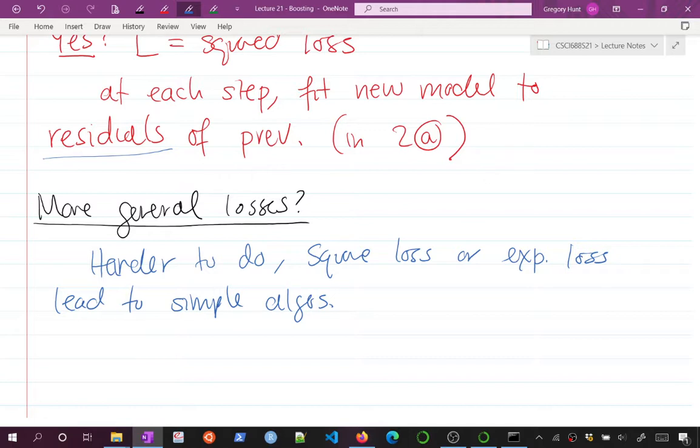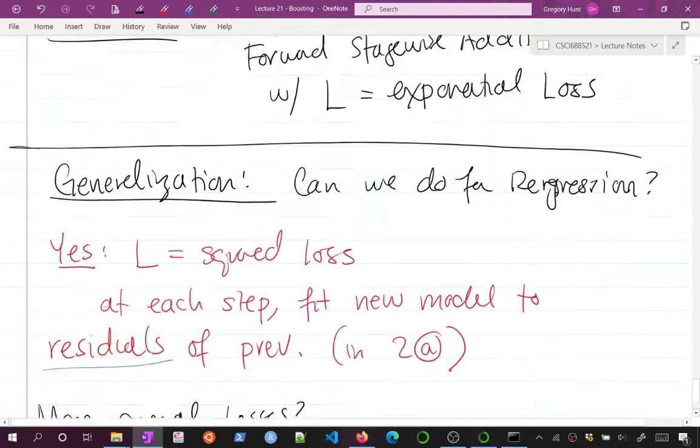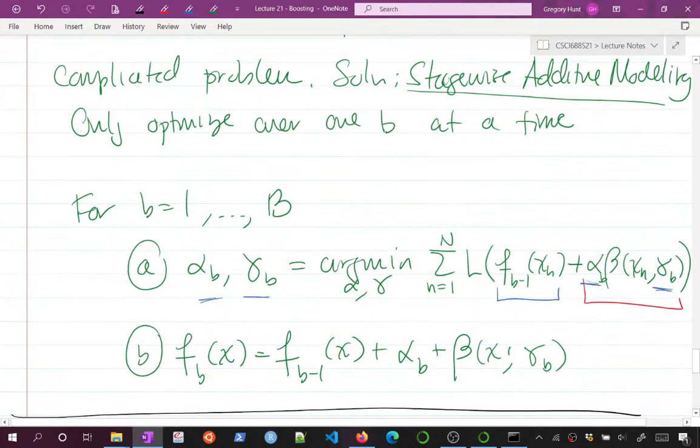The forward stagewise optimization problem, because basically what we said is that we have to solve this argmin here. This argmin, either for a squared loss in a regression context or exponential loss in the Adaboost algorithm, is actually pretty simple. Either it's reweighting or it's fitting the residuals. So that's really nice. But if I change to an arbitrary loss here, that's going to be a lot harder to get.